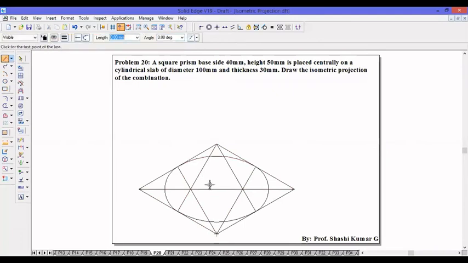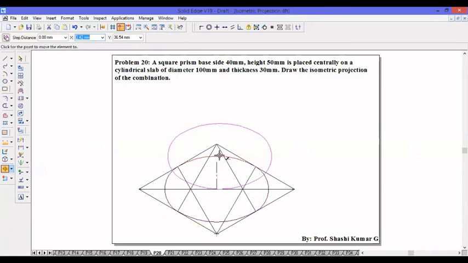Take the axis line from this midpoint. The height is 30 mm, 90 degrees. So just copy the arcs, the ellipse. That's enough. Go to the move option, switch on copy, copy from the base and paste it on the top end.